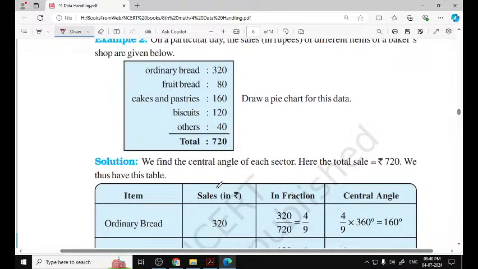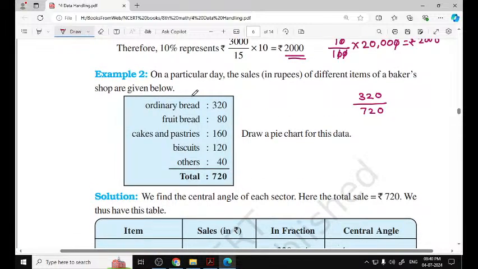So while finding fraction, we will find out 320 divided by 720, because out of 720 the sales for ordinary bread is 320.